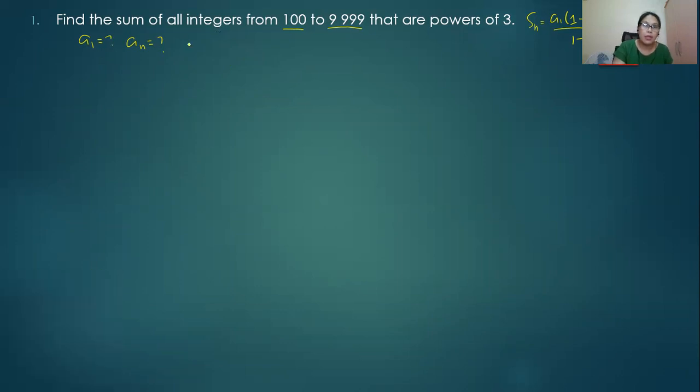Instead, 3 to the 5th is considered as a sub 1, while 3 to the 8th is considered as our a sub n.